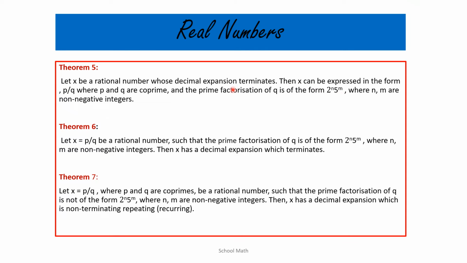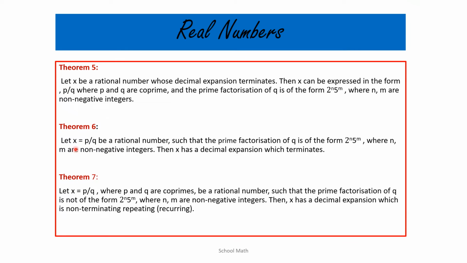So, if X is a rational number whose decimal expansion terminates, then X can be expressed as P by Q, where the prime factorization of Q can be represented as 2 power n into 5 power m.